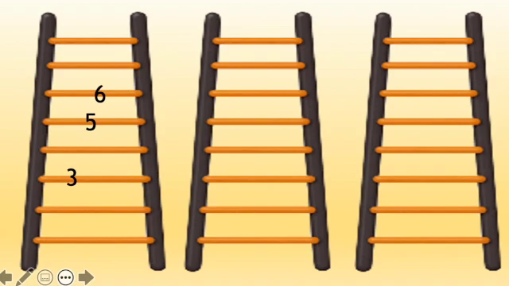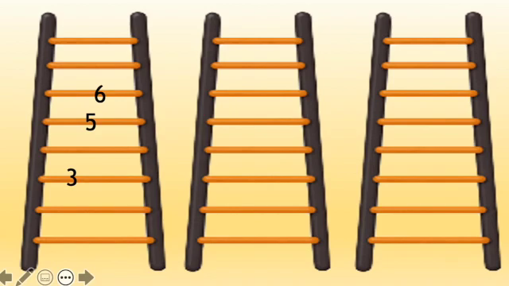What would happen if I played my song on the steps of my ladder? Can you take a guess? Which step do you think our song begins on? Step 3, step 5, or step 6?